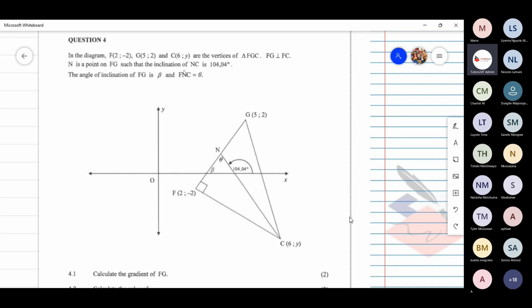Are you able to now hear me? Okay, how many people can hear me clearly and see my whiteboard? If you can indicate with a thumbs up so I know we can proceed. Okay, so it seems like most people are able to see it. So let me proceed then.